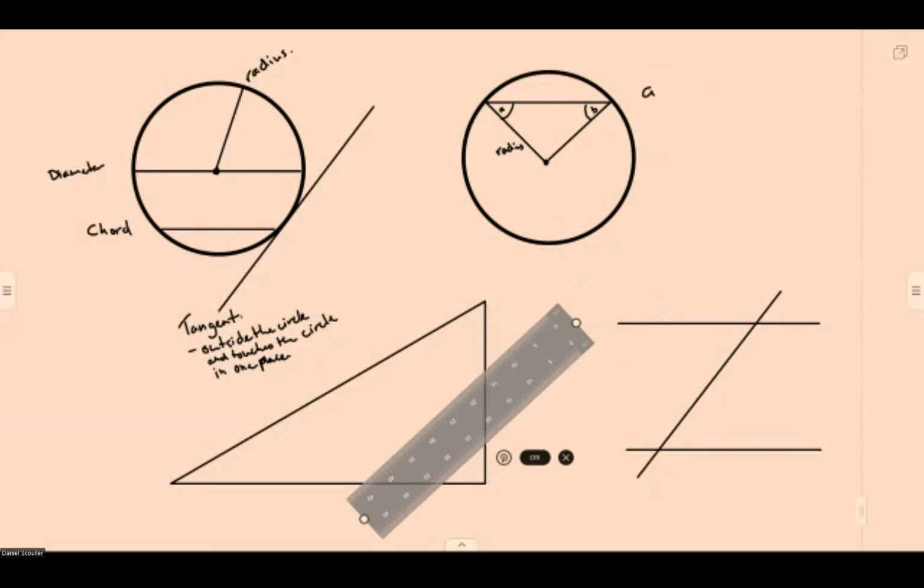Okay, so angle A equals angle B. They will be the same. So that angle in there is 30 degrees. Angle B will be 30 degrees.